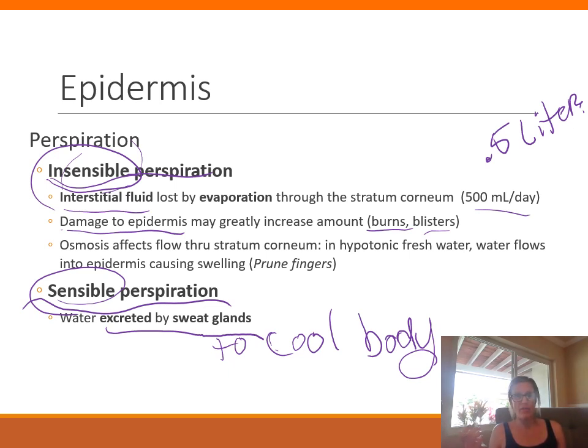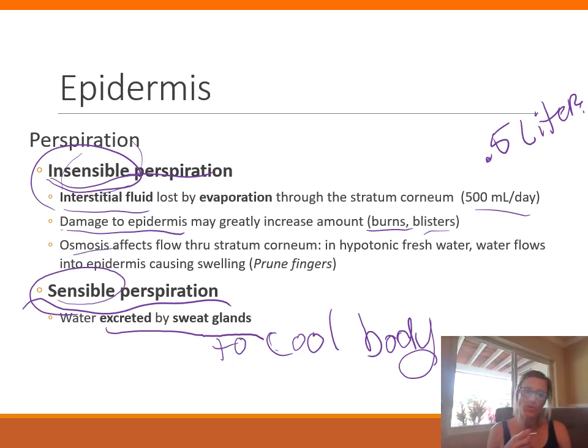So that's one of the important things in burn victims: pain is a huge issue. Infection is a huge issue because you can't keep pathogens out anymore. And then dehydration is a huge issue because the water just evaporates. There's a big increase in insensible perspiration.